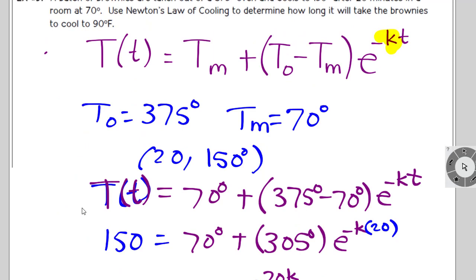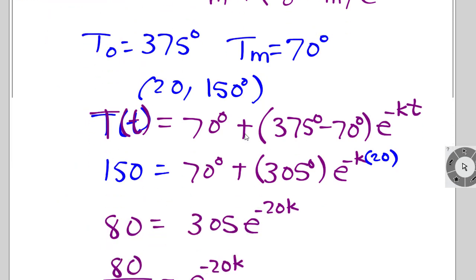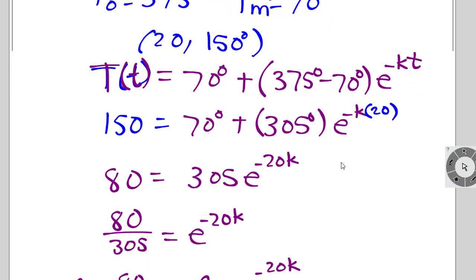All right, so now we can make it an even better model. We had that T(t) was equal to 70 degrees plus 305 degrees e to the negative kt, but now I can put a value in for k.